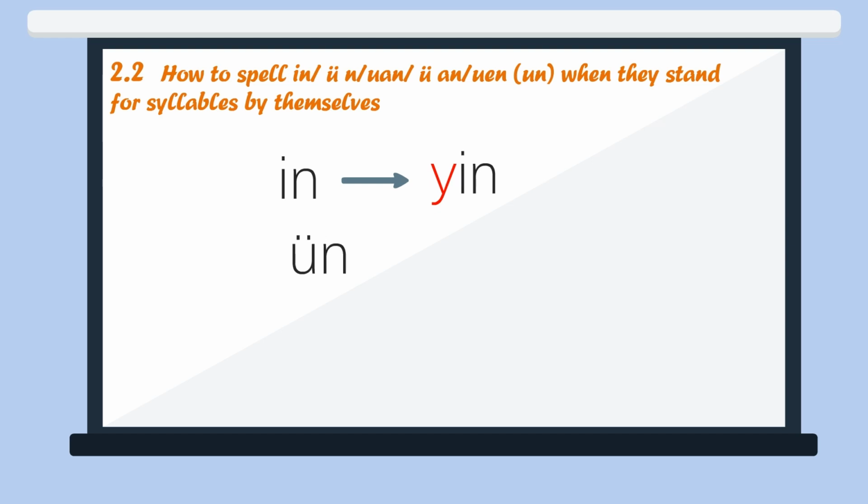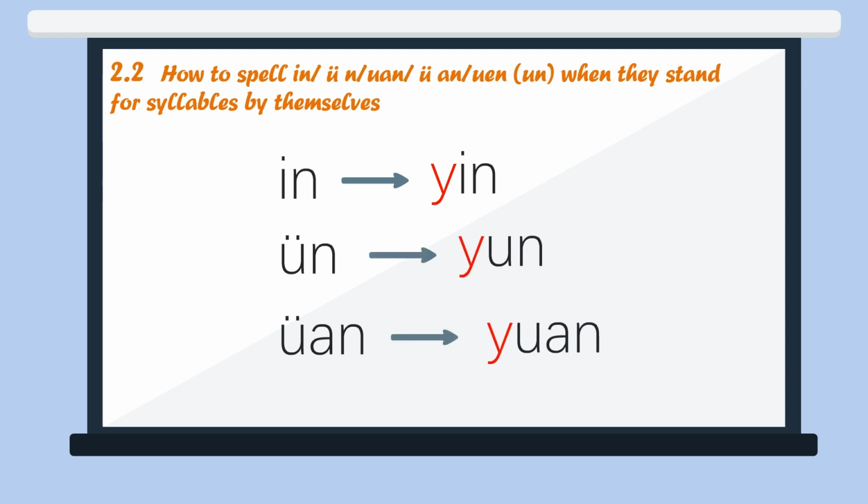When ün and üan are syllables by themselves, we will add y before ü and remove the 2 dots from ü. So ün is written as yun, üan is written as yuan.